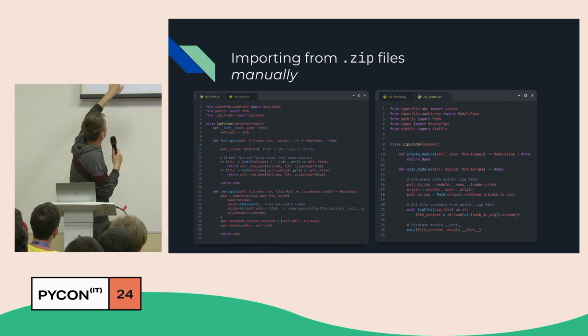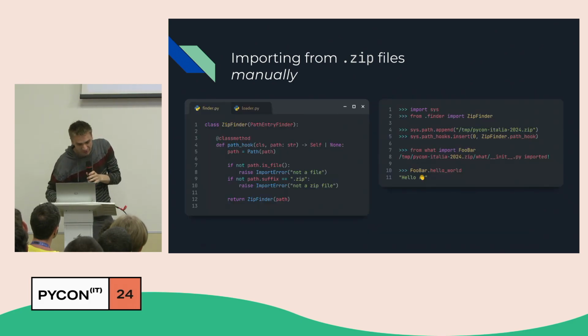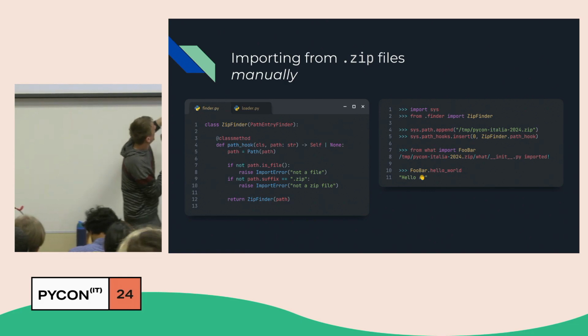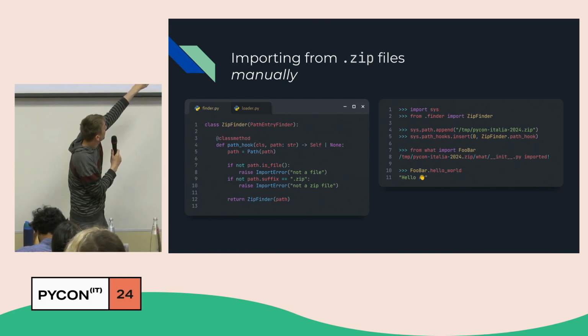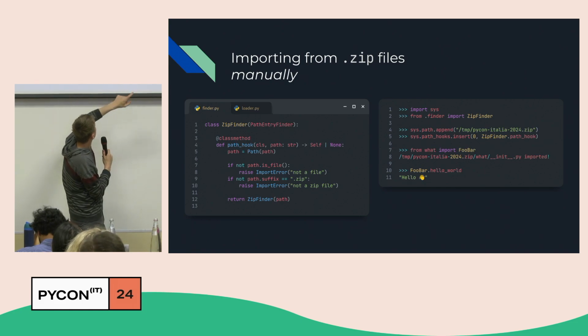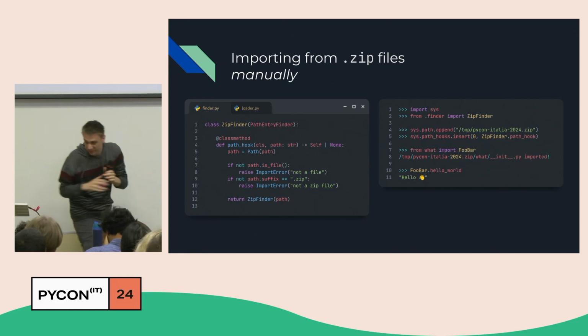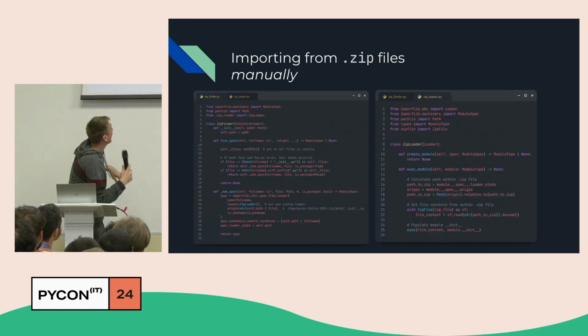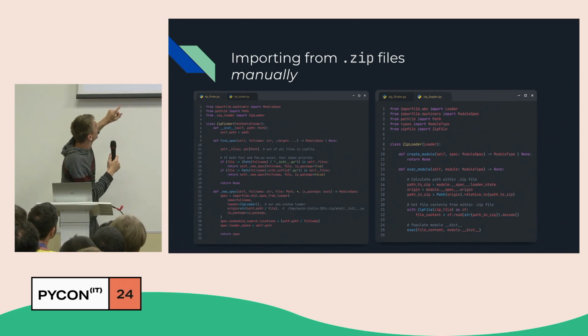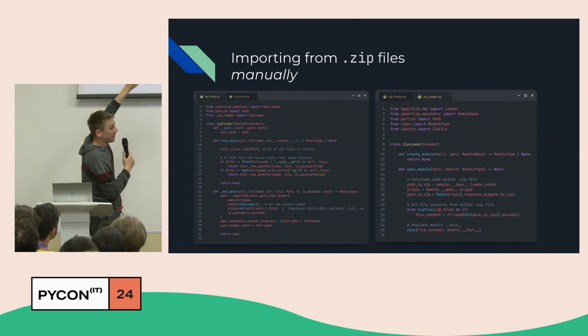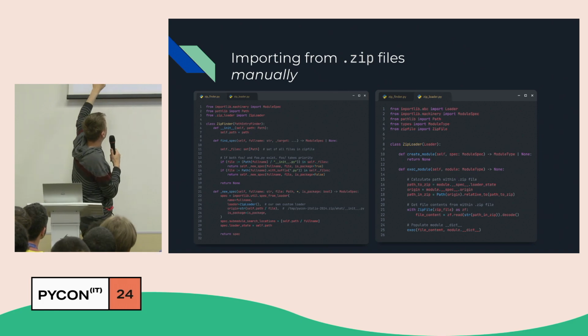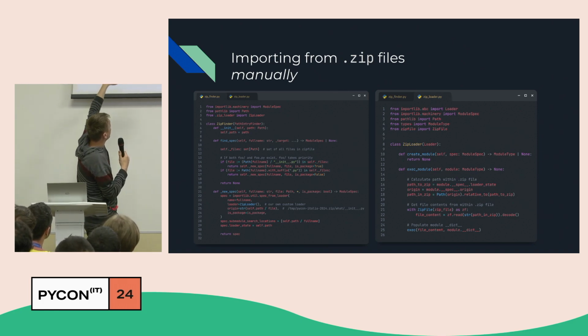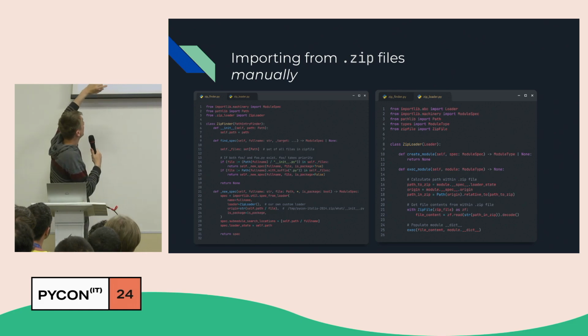I'm going to show how it's used first. So I append a zip to my, nope, okay, going back. Find spec takes the string that's going to be imported. Then it checks everything in my sys.path.